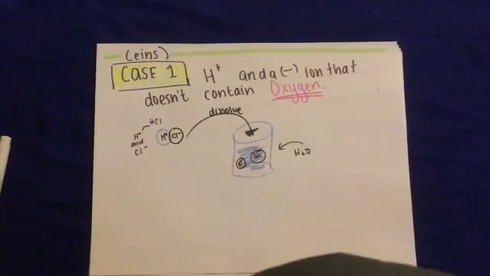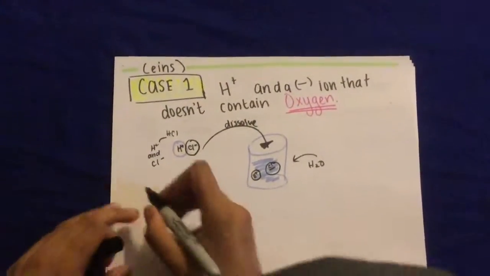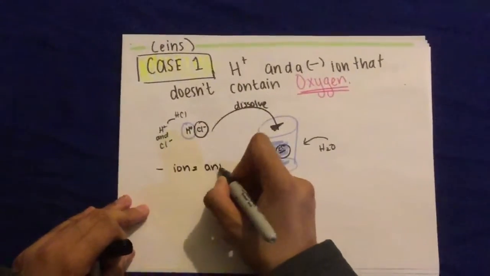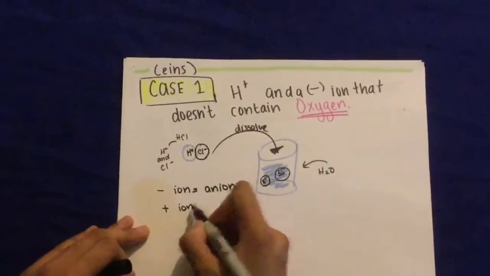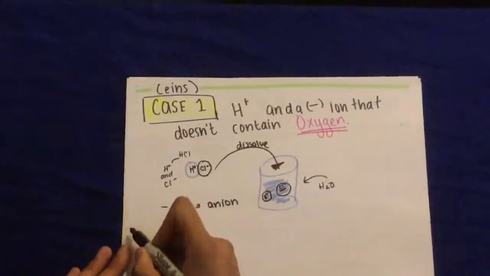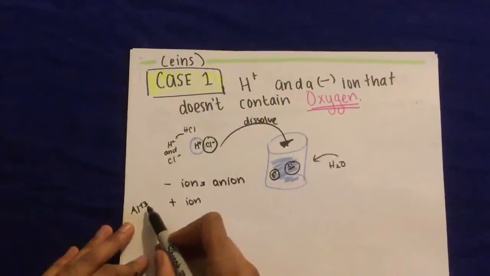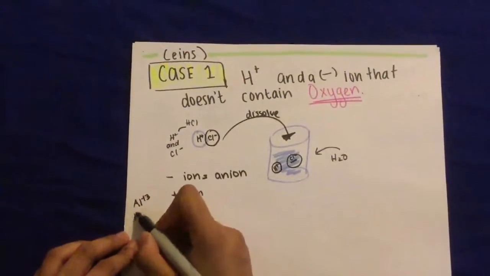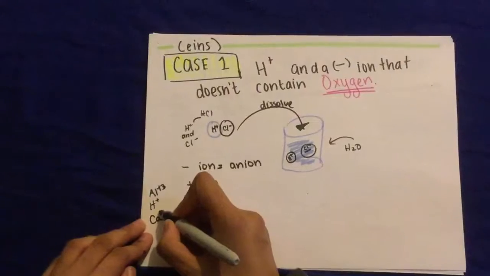I also want you to remember that a negative ion is called an anion. And a positive ion, meaning an ion that has a positive charge, for example, Al plus 3, aluminum with a charge of plus 3, meaning that it's lost 3 electrons, or for example H plus, as we just saw, or Ca2 plus.